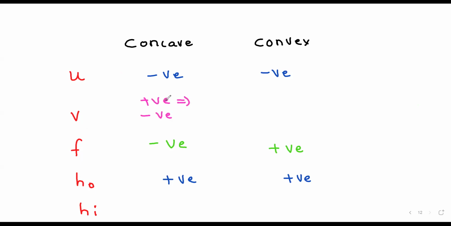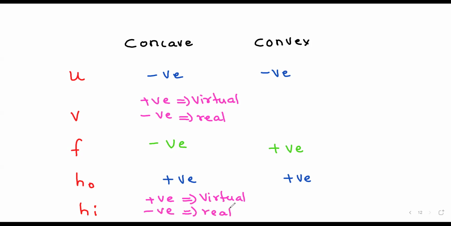V is positive only for a virtual image, as we have seen in all the image formations. And V is negative for a real image because it is formed to the left side. In the same way, if HI is positive, it will be virtual, and negative means it will be real. And for a convex mirror, your V will always be positive.